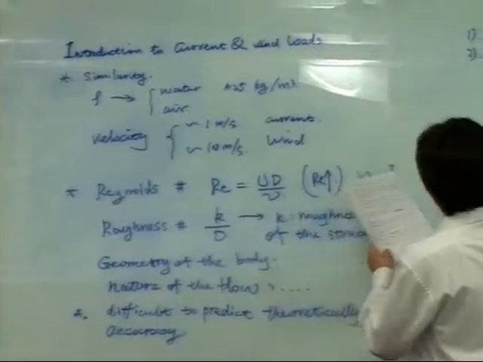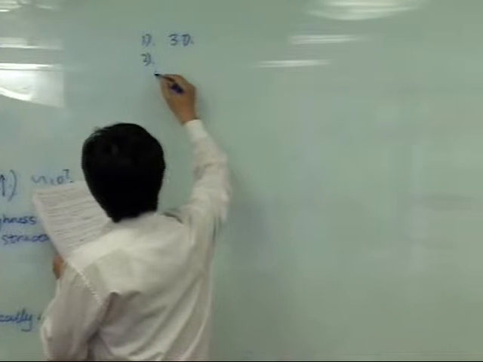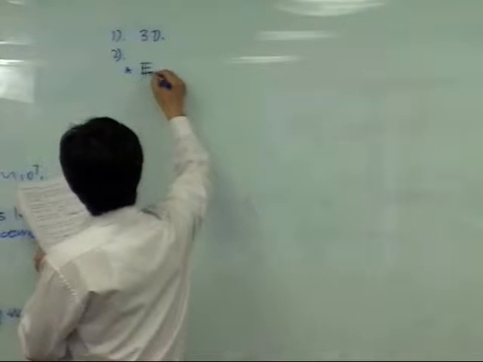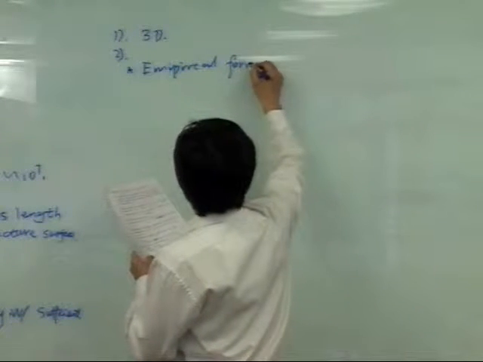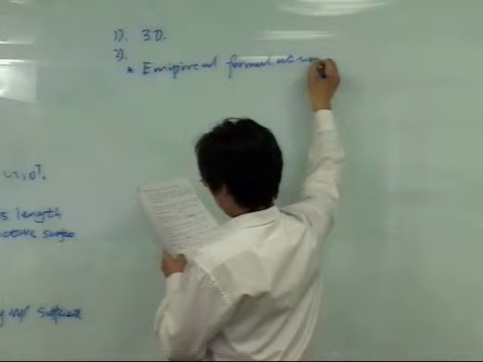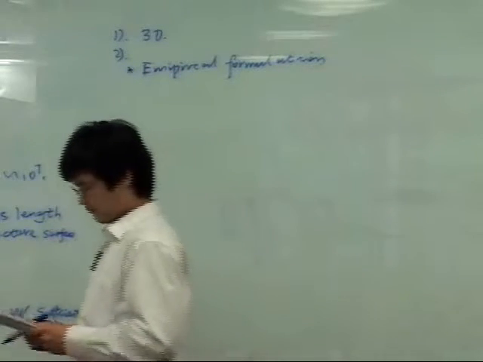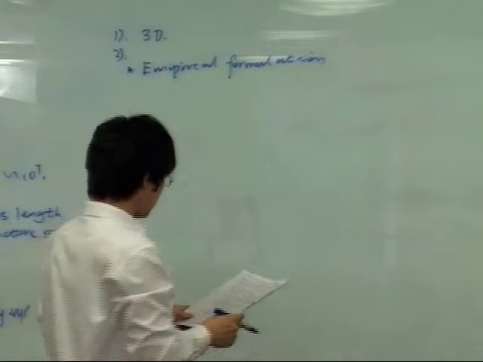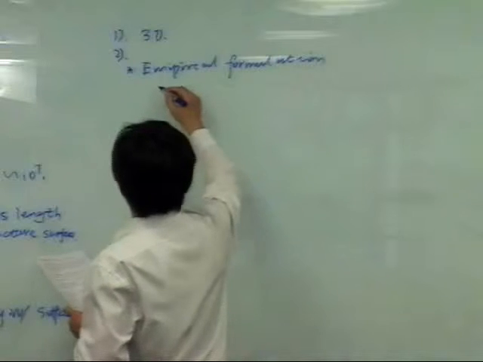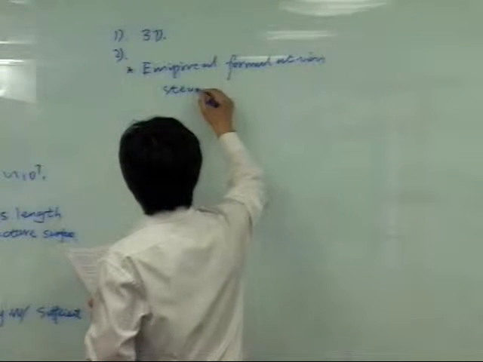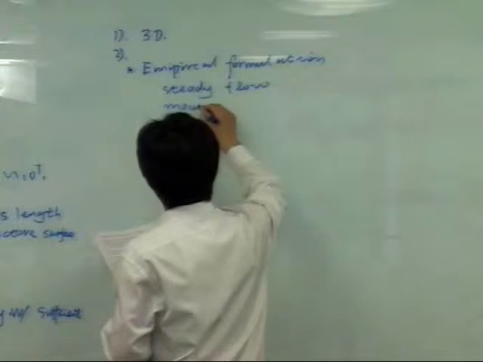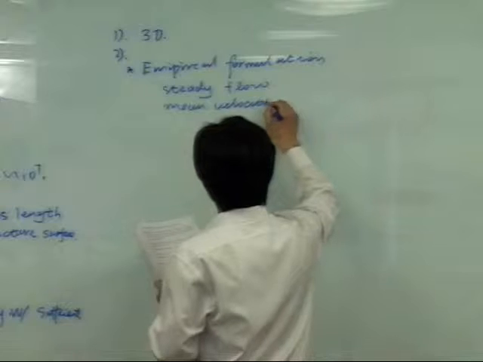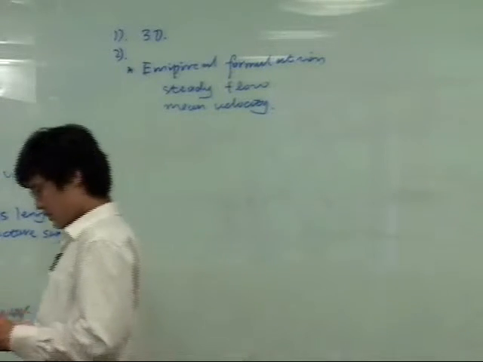So typically we have to use empirical formulations to predict the current and wind loads. And quite often we have to assume a steady flow. We use the mean velocity, etc.